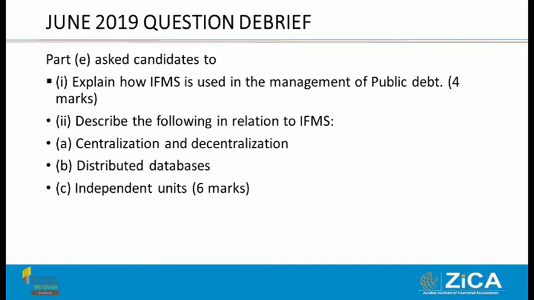So what are the many features of a centralized system, decentralized system, distributed database, independent units? When you bring in 2 of the features of each of these systems, that is enough to give you the 6 marks in total. So that is about the first question in the June 2019 question paper.